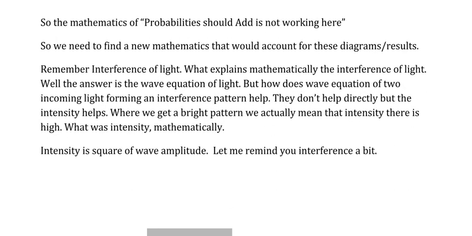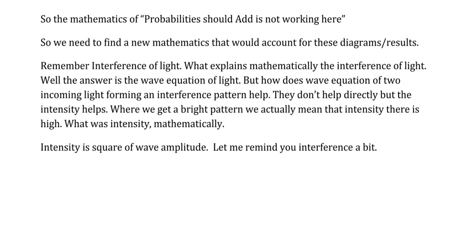To our help comes the interference that you studied in +2. In your +2 you studied the interference of light, and you might have seen the interference pattern. Who describes the interference pattern well?